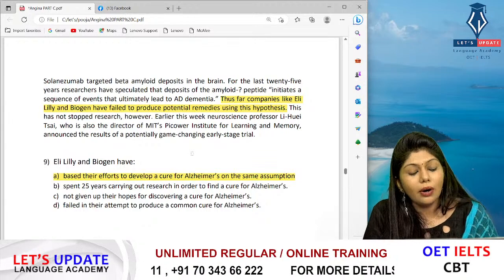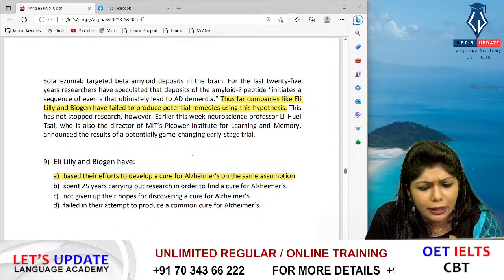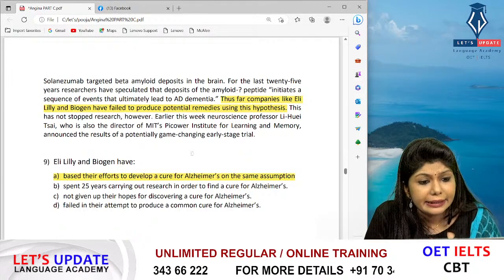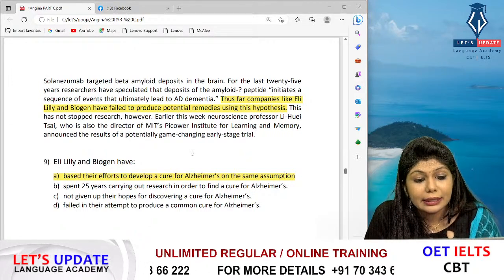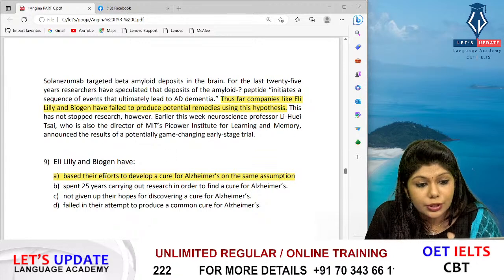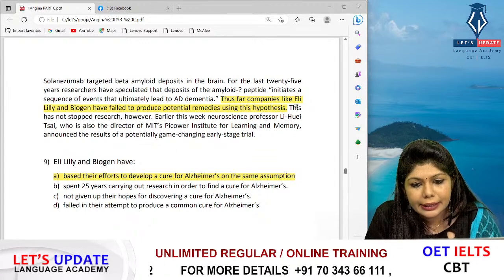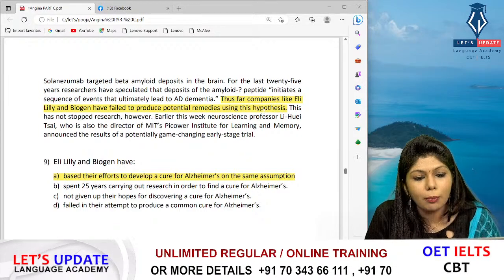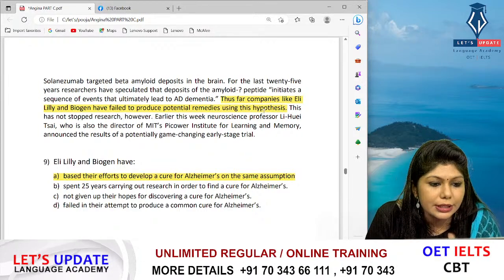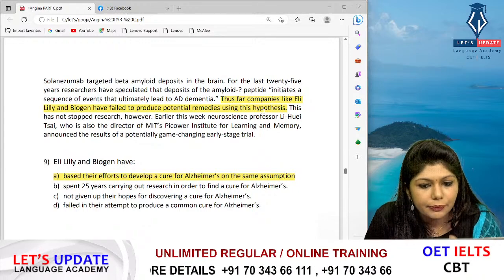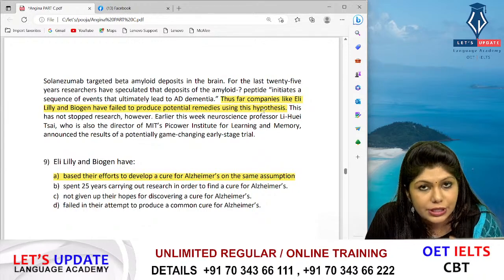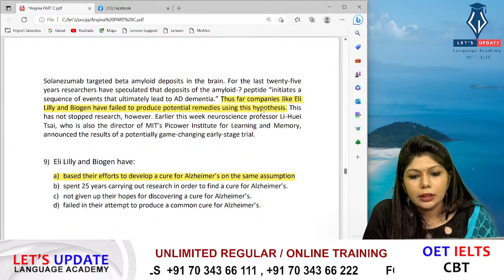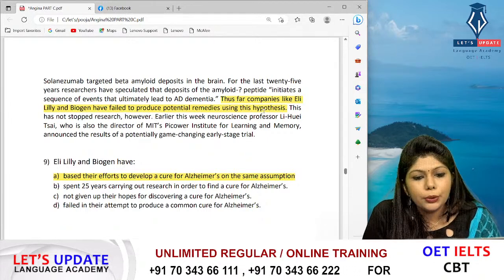Look at C. Not given up their hopes for discovering a cure for Alzheimer's. No, they have not written anything relating to Eli Lilly and Biogen. What they have written in the fifth line is that this has not stopped research. What has not stopped research? That the companies Eli Lilly and Biogen have failed in their attempt to produce a potential remedy.